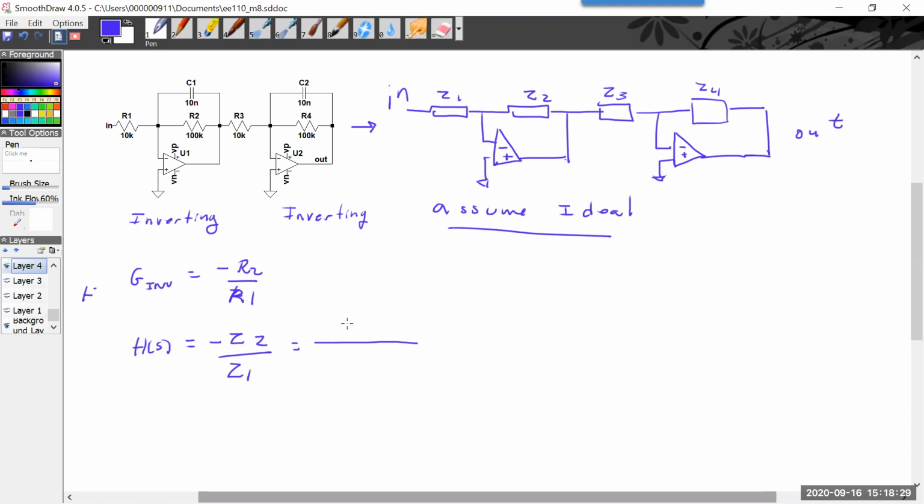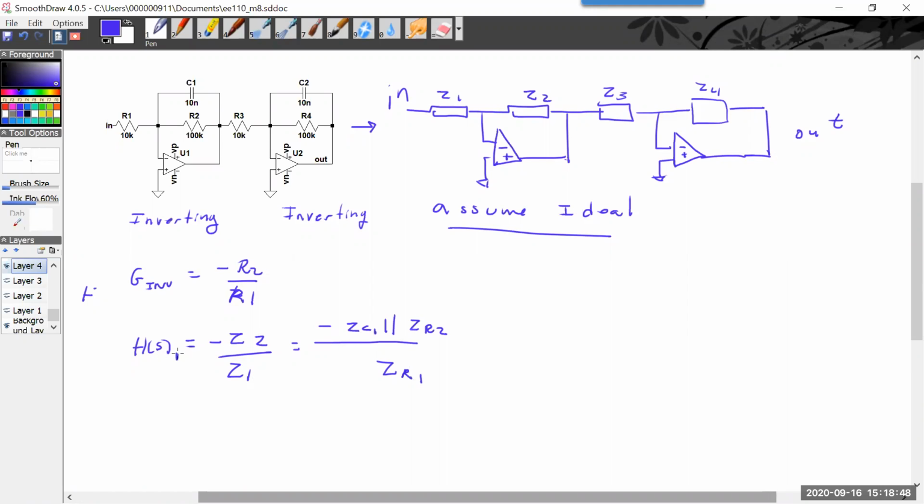And so we're going to have Z_C1 in parallel with Z_R2 divided by Z_R1. All right.